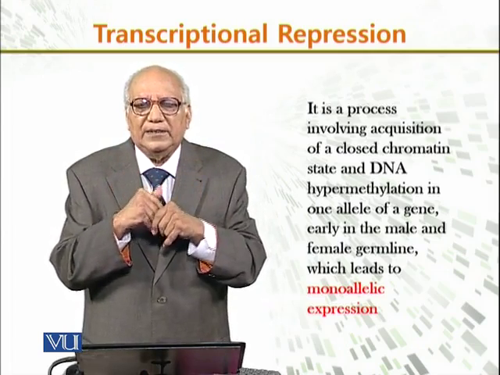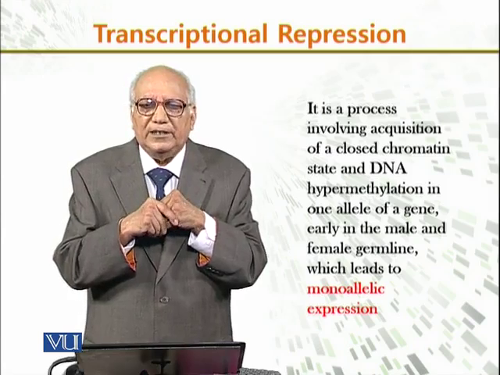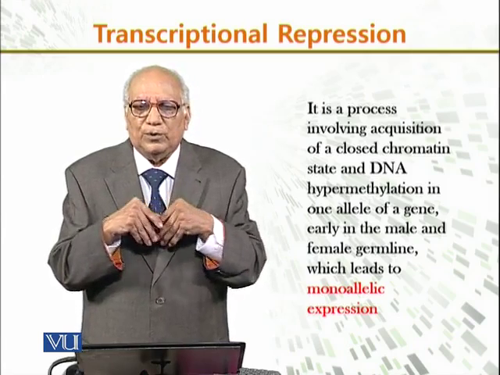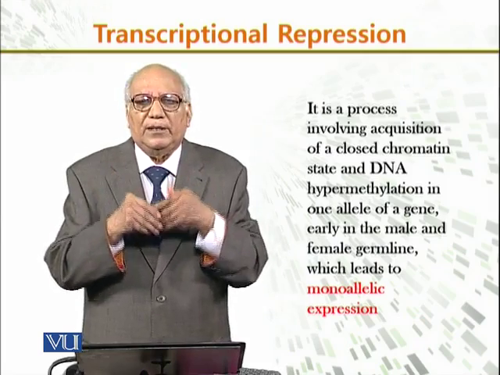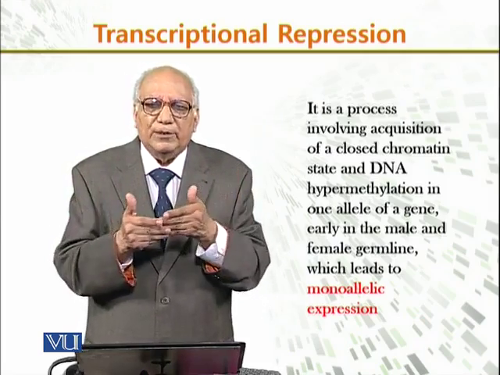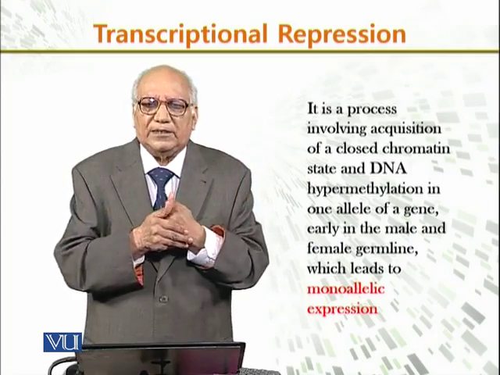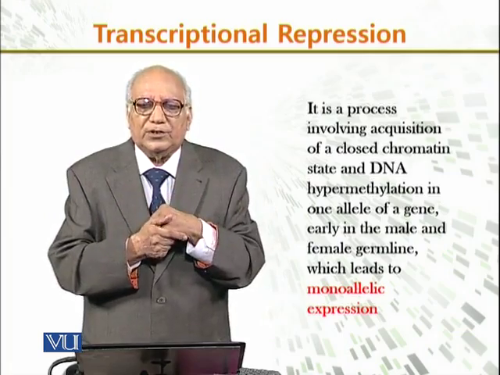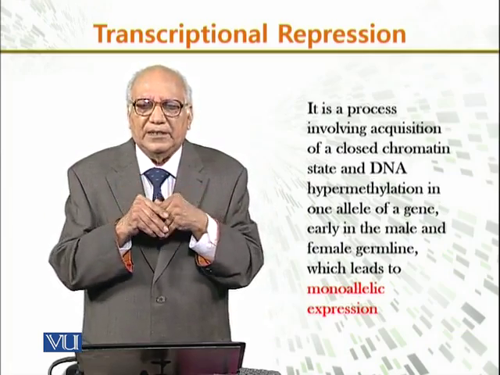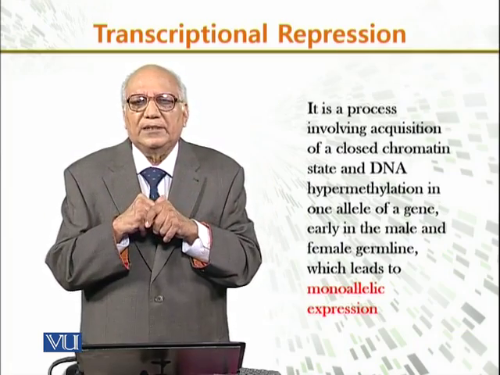And this methylation leads to monoallelic expression. जाहिर है कि जब मैथिलेशन होती है तो वो एक अलील में होती है, उसको इनएक्टिव करता है और वो इनएक्टिव रखता है. तो in this case this keeps it in a monoallelic expression.